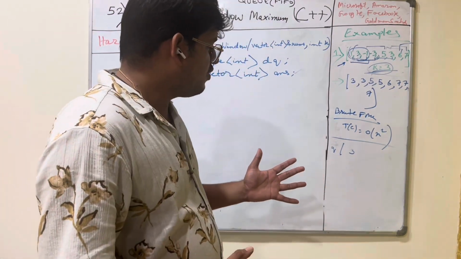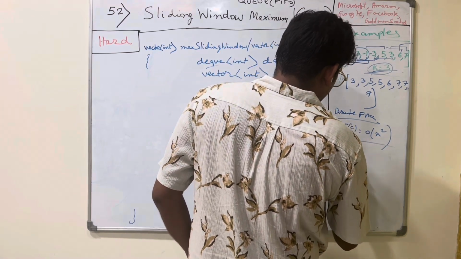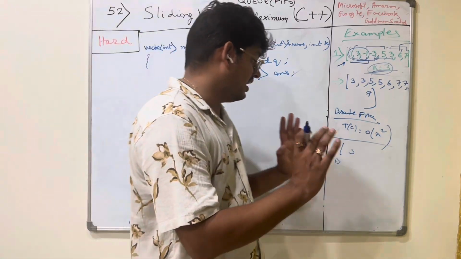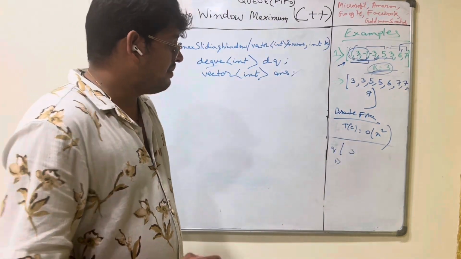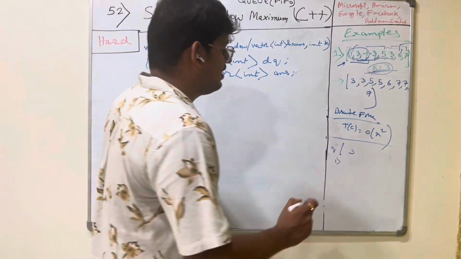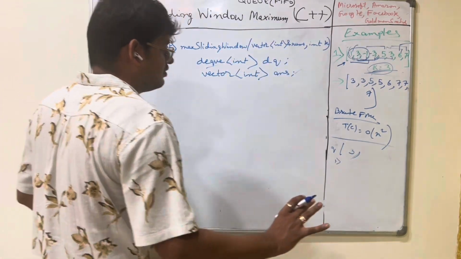So if the element at the back of the queue is going to be less than the coming element, we will pop it out. We don't need it. We need the max element. Okay, so what do we do? Let me write down the steps one by one.